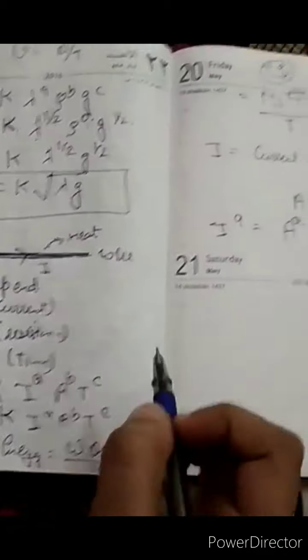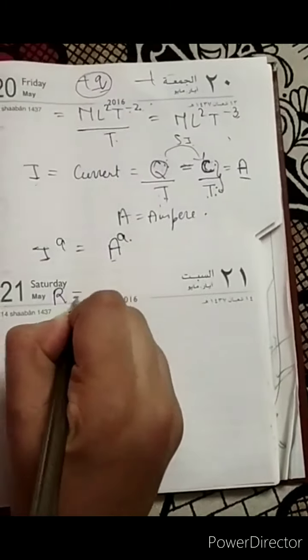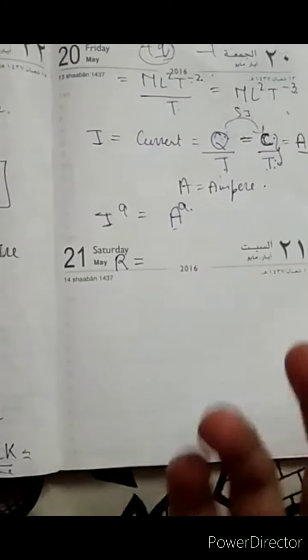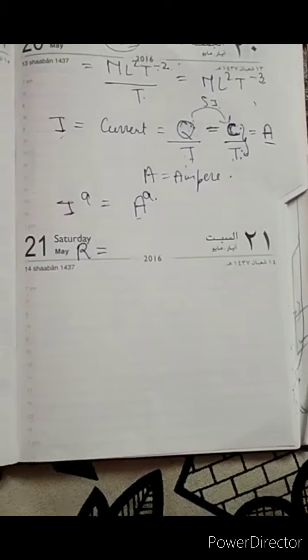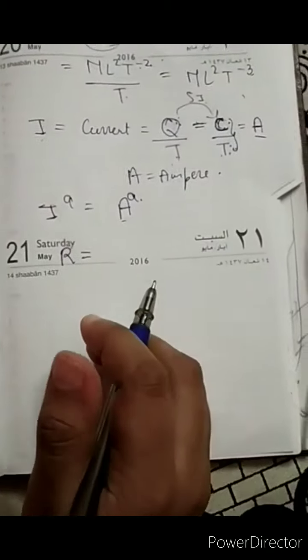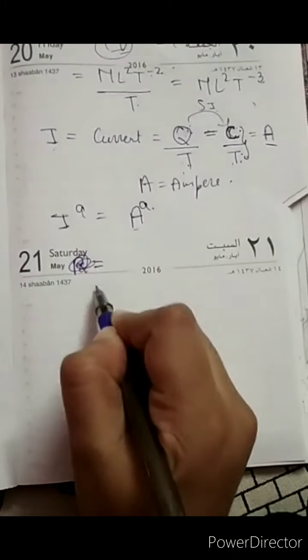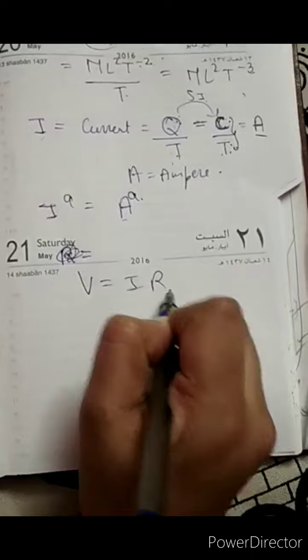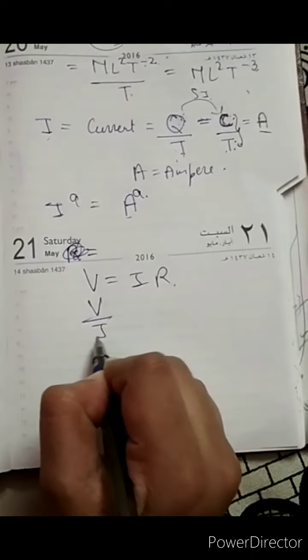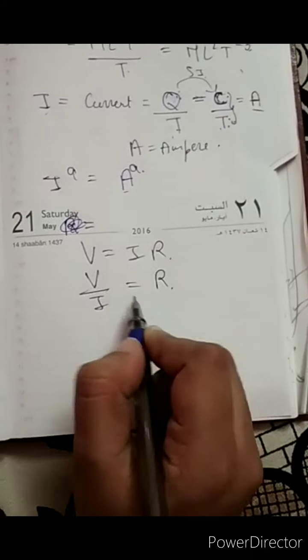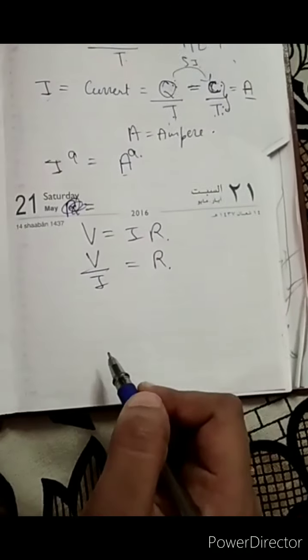Now next is resistance. What is resistance? If you know Ohm's law, maybe in 10th class you already went through Ohm's law, you must have noticed V is equal to IR, or V upon I is equal to R. Remember? So from here we get this formula. What is V? V is potential difference.